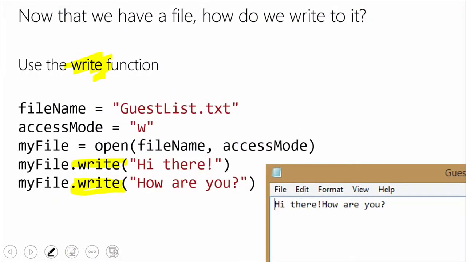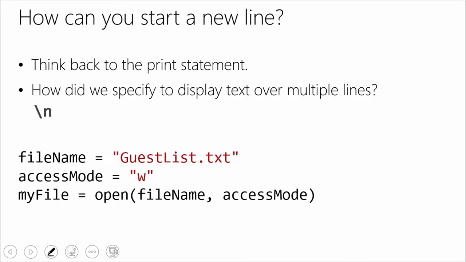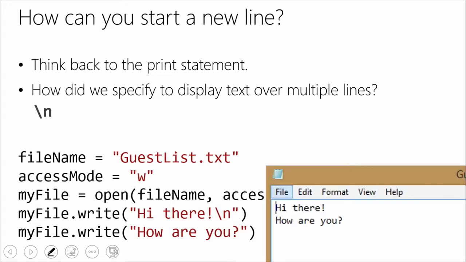That's exactly what you're going to need in order to get this onto the next line. We've got a little screenshot here. You'll notice, hi there, how are you? All on the same line. If we want a brand new line, think back to that print statement. What we're going to need is that \n. Now if I do a \n there, and I bring this back up, you're going to notice that it's on a brand new line.